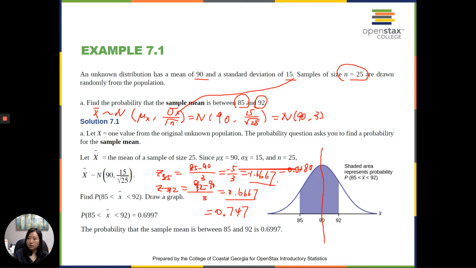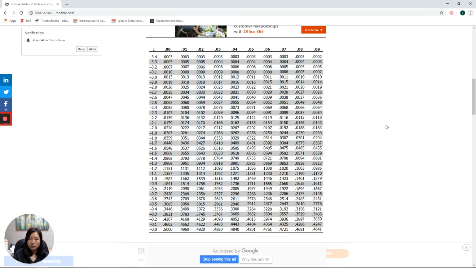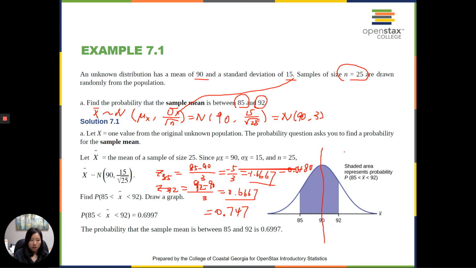So if we come back and take a look at this table for the negative 1.667, there is 0.04, not 0.4. So my mistake, it's 0.048, which is an estimate, and this is 0.747. So my estimate, that is the probability.